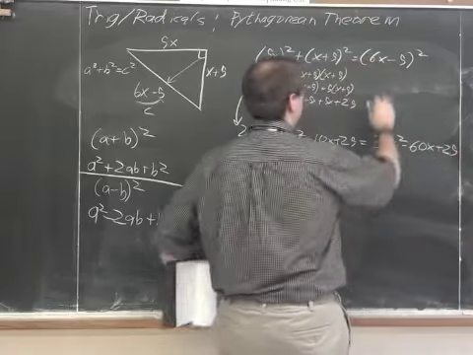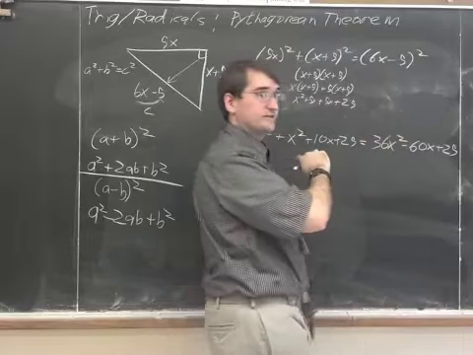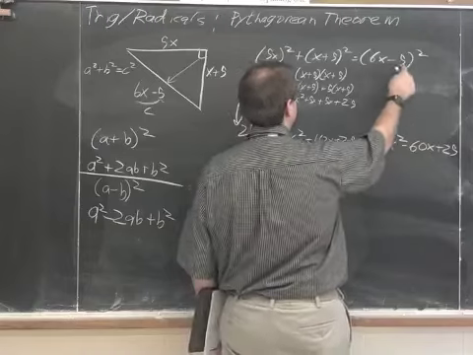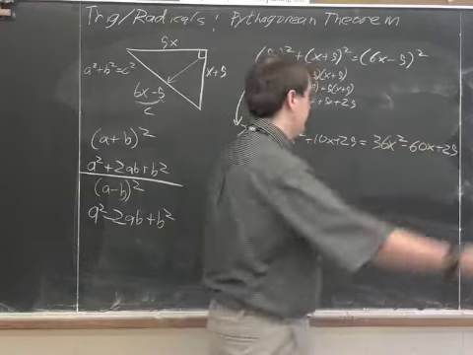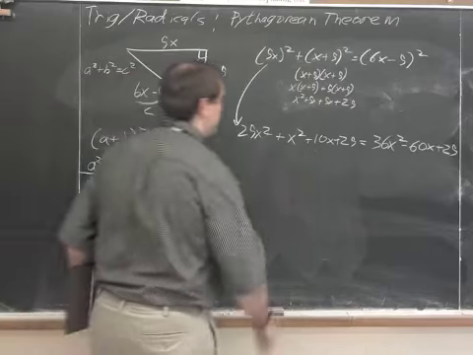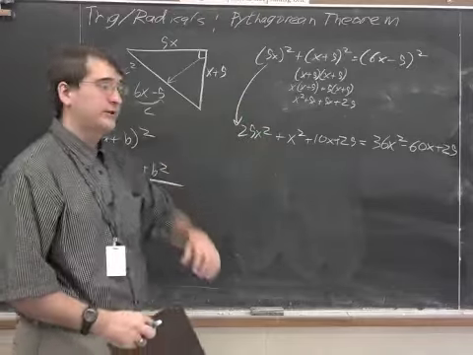You can do that in your head, because the square of 6x is 36x squared. The square of 5 is 25. 6 times negative 5 is negative 30. Double that, as we do down here, and we get negative 60x.